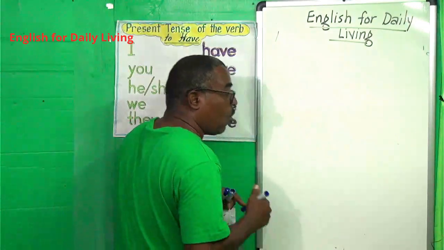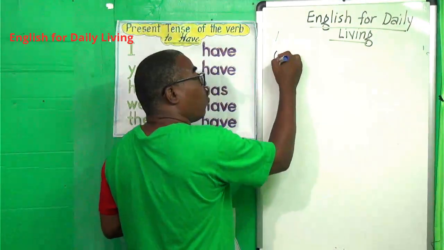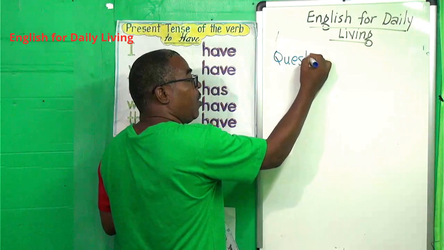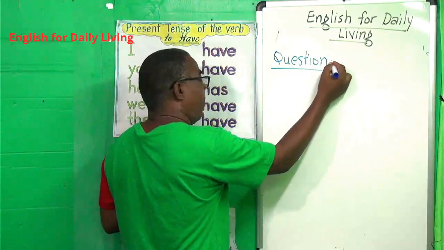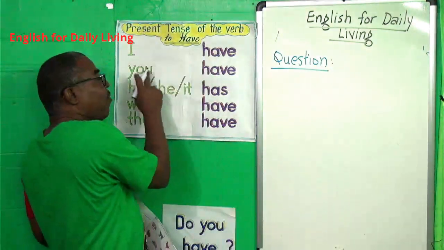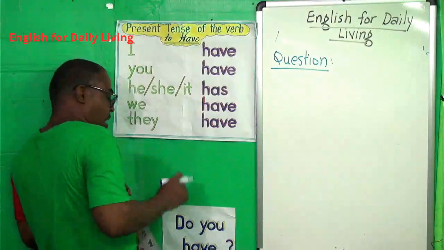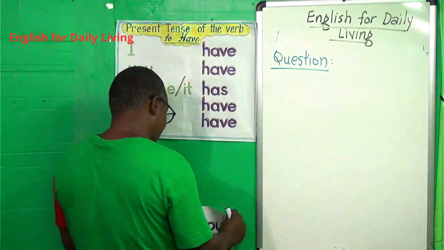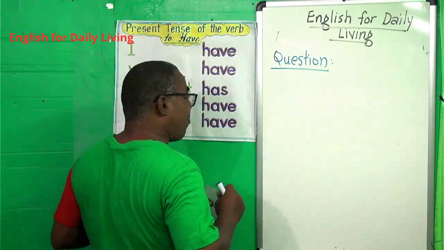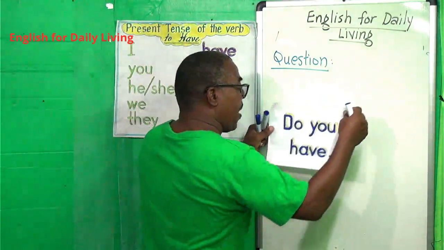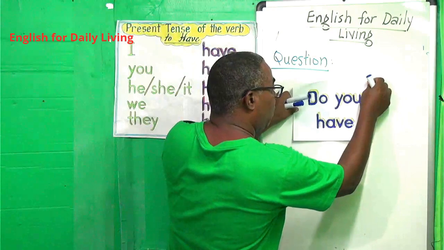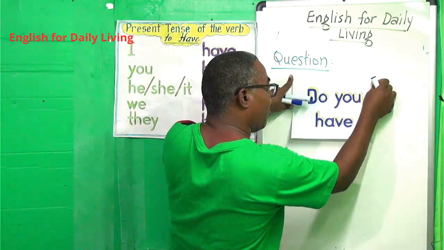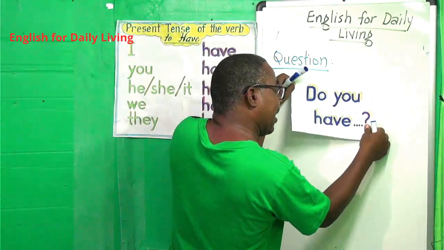You have, so the question form becomes do you have? Do you have any brothers? Do you have any pets at home? I have a cat.